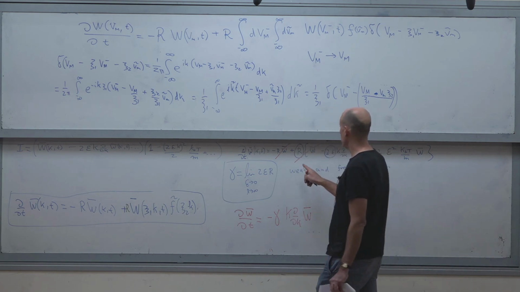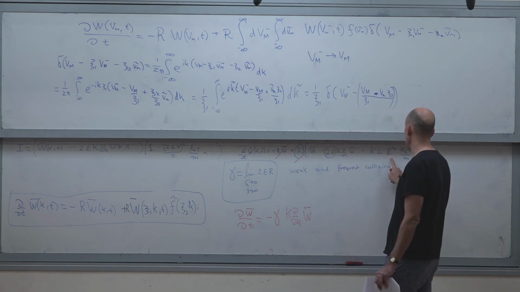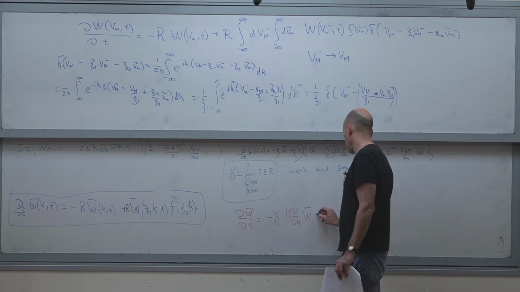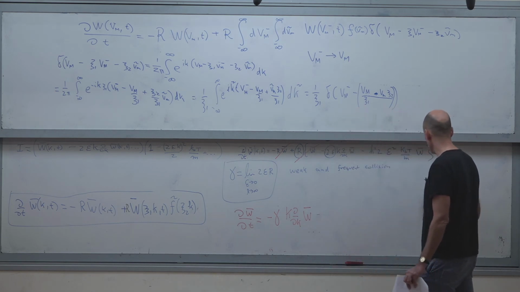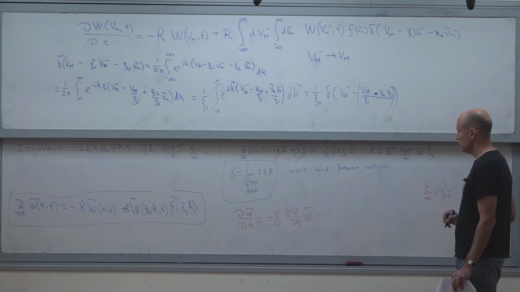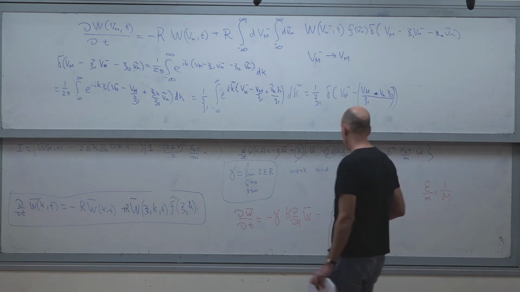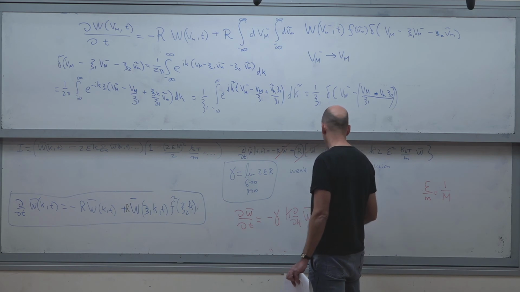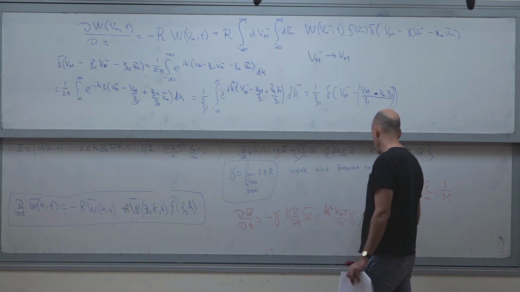And here I have r times 2 times epsilon. Okay, so here I'm going to use epsilon divided by m. What is epsilon divided by m? It is 1 over the capital M. And then here I have minus k squared, k Boltzmann T divided by m gamma w.